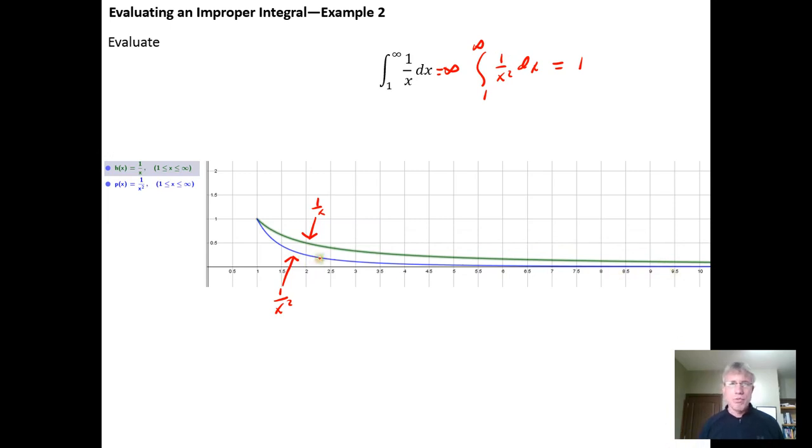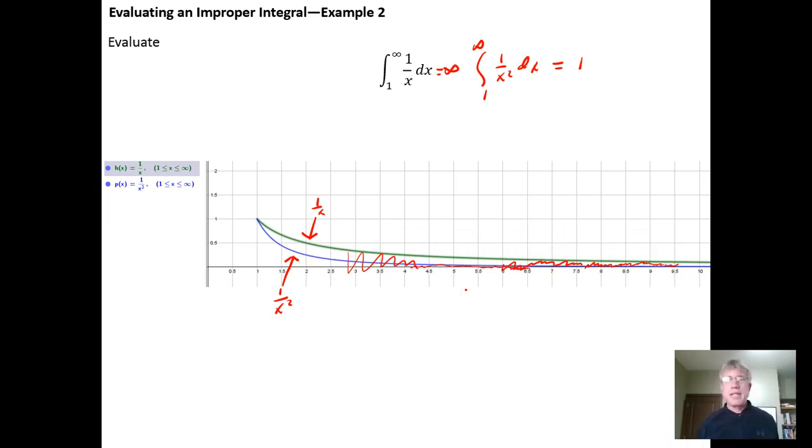So here you see 1 over x squared approach 0 very quickly, and you can see that the area between 1 over x squared and the x-axis quickly diminishes to essentially 0, whereas 1 over x approaches the x-axis much less quickly. And so what happens is we always wind up having more and more area to add up, and that area just goes to infinity.